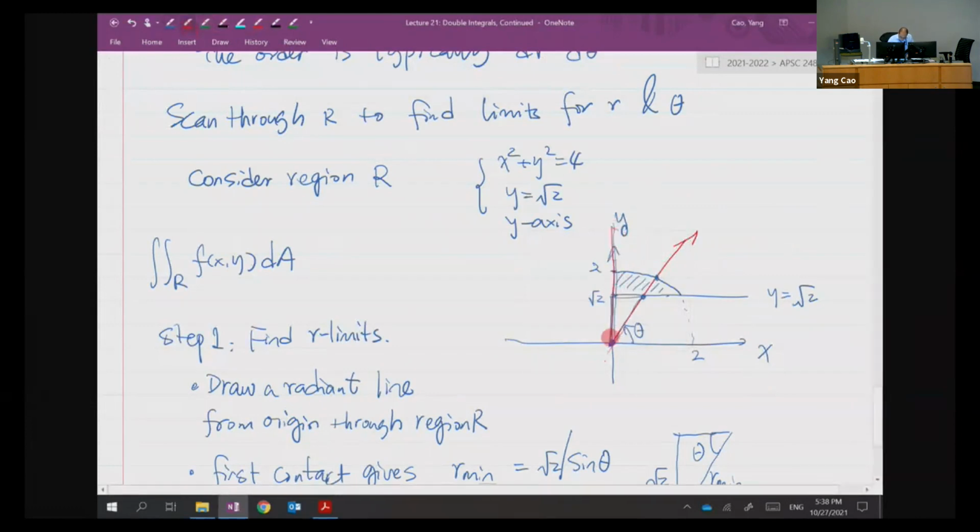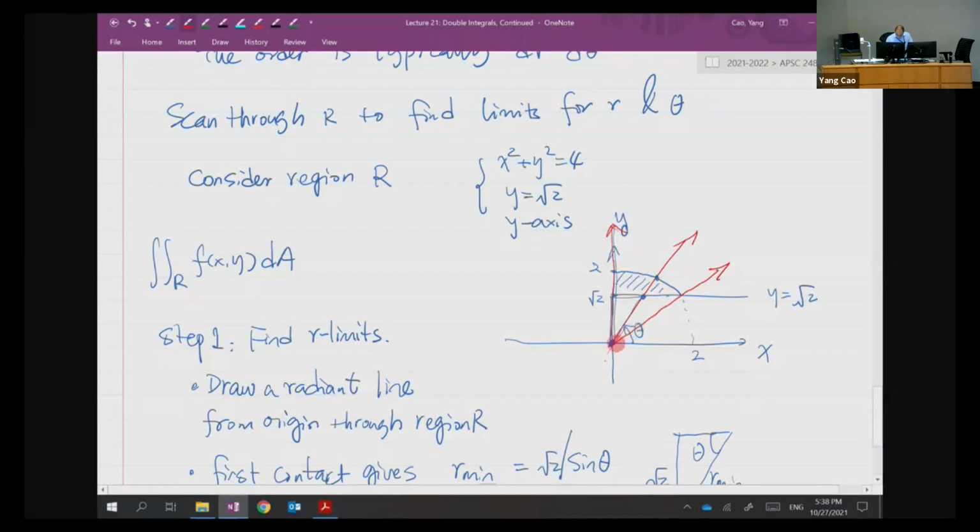Obviously, you're going to find the two particular edges, one here, one here, to sandwich the region R as you're rotating and sweeping through this region R. And the two edges will give you theta mean and theta max.